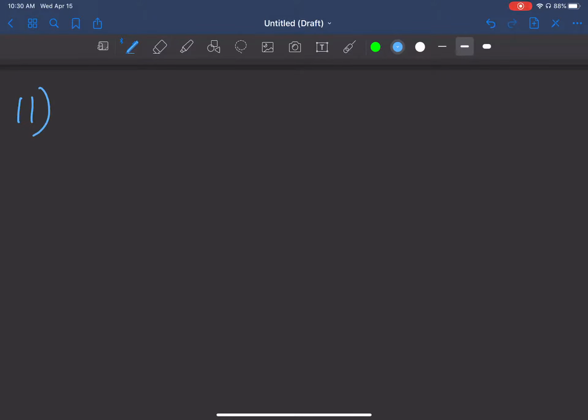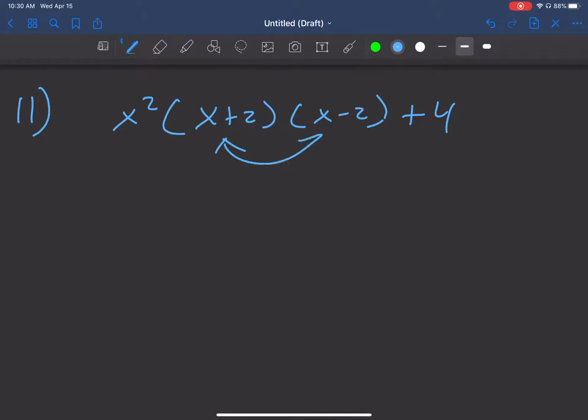That was much more thorough than most of the other problems. So this one is asking us, we have x squared times x plus 2 times x minus 2, plus 4. What is this equivalent to? Well, this is that same thing that we saw earlier.